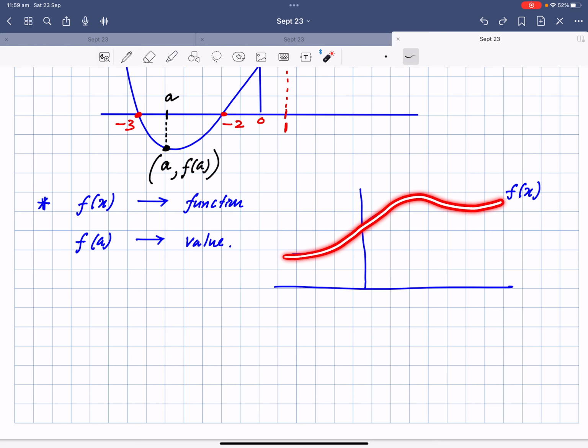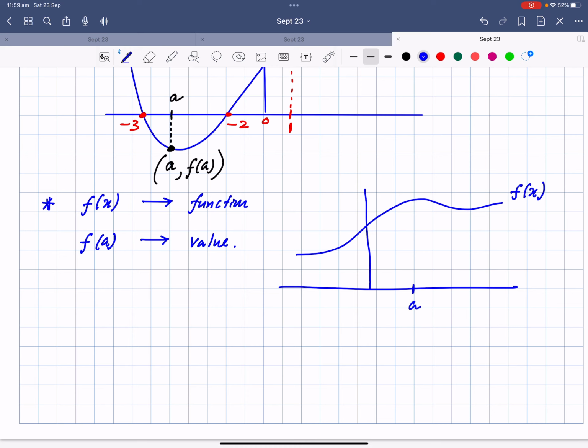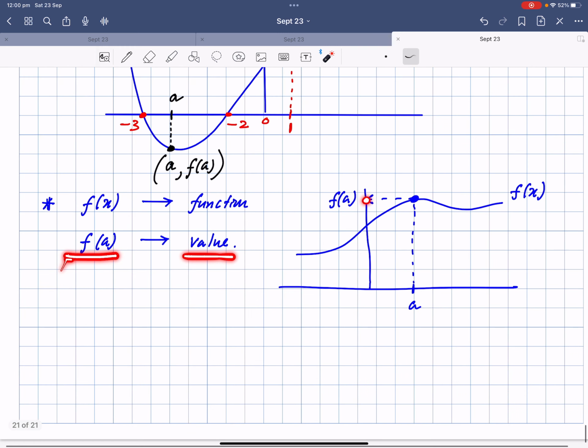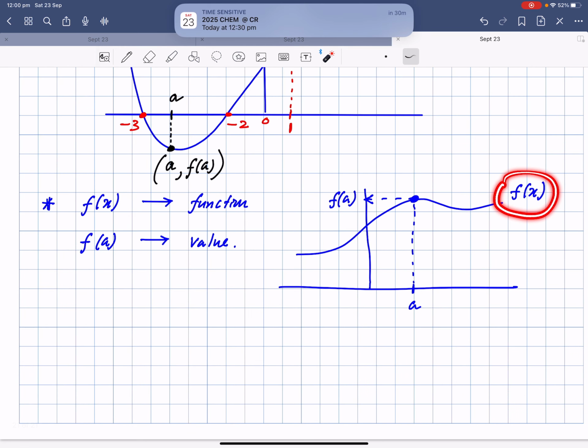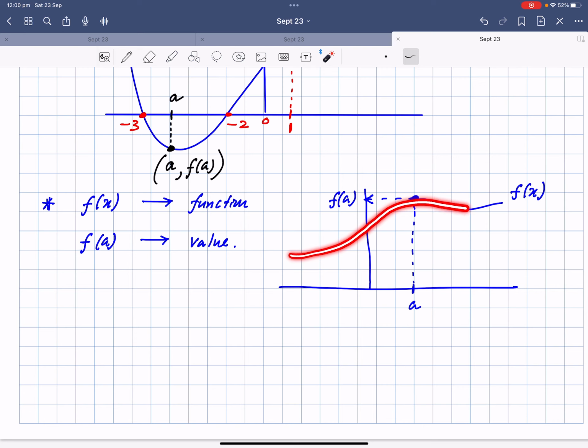Now A means this point. So f of A is going to be the y coordinate at this point, which is this. That is f of A. So from here you will understand f of A is this point's y value. So f of A is a value. f of x is a function. See? So that's the difference.